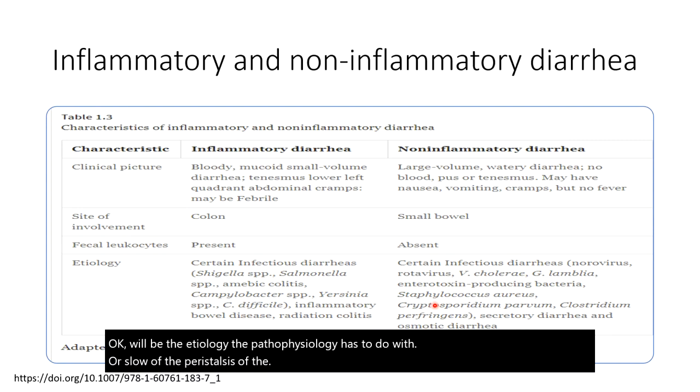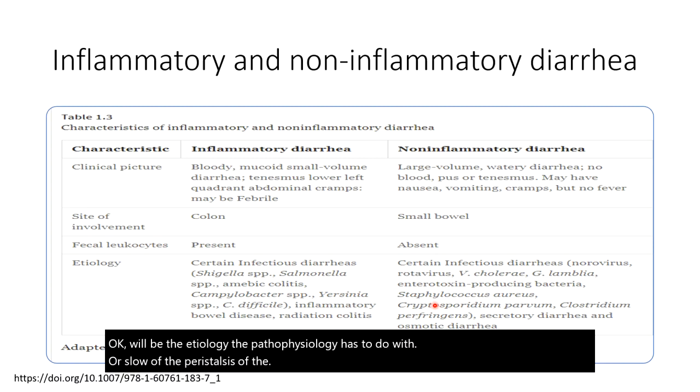Usually inflammatory diarrheas are also exudative diarrheas, and the site that is involved is the colon. So I'm talking about Salmonella, Entamoeba histolytica, amoebic colitis responsible for producing amebiasis, Campylobacter, Yersinia, Clostridium difficile also affects the colon, inflammatory bowel disease, radiation.